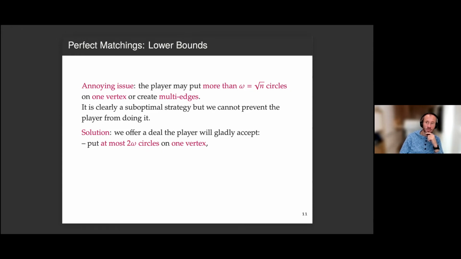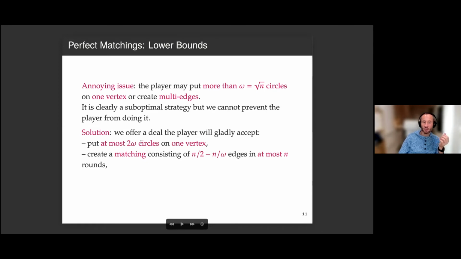We ask the player: why don't you play the following game instead of the perfect matching game? Namely, please don't put more than 2 omega circles on one vertex. So we restrict you from doing that. We ask you kindly not to do that.